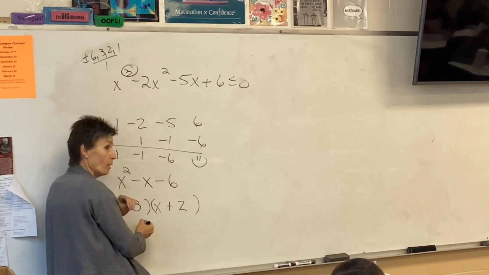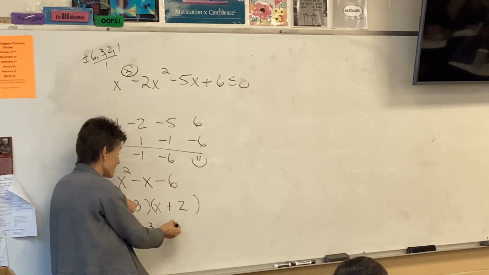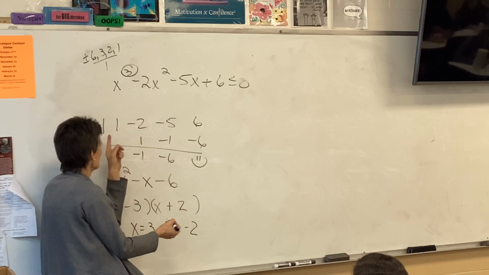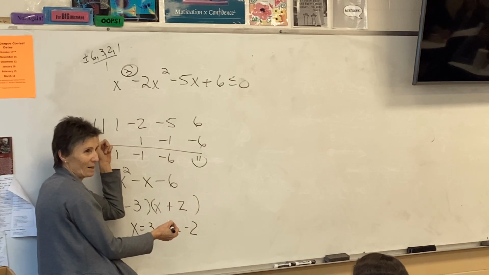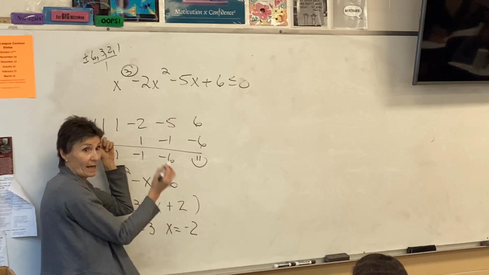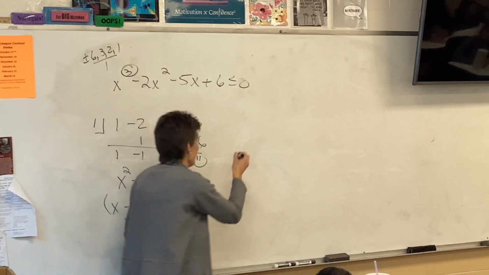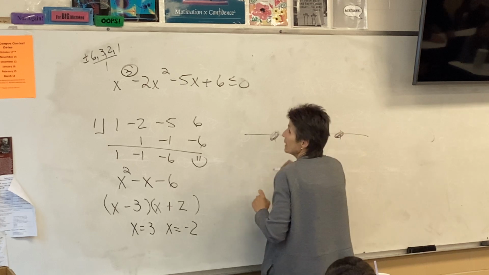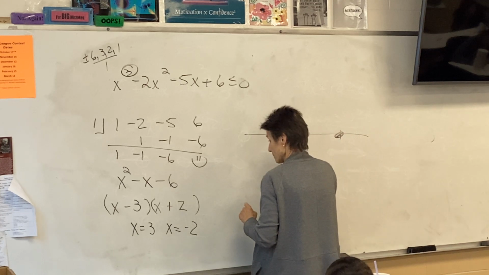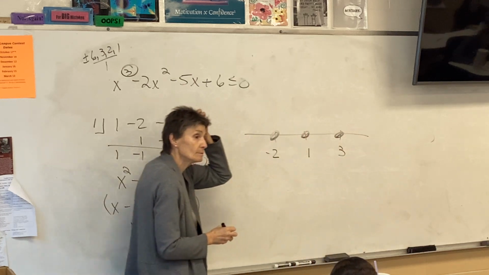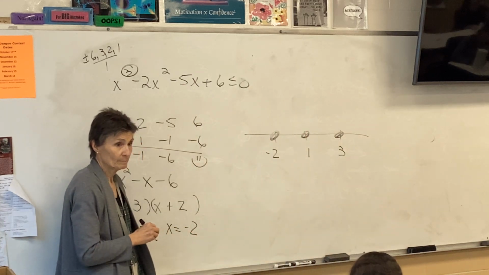One dot will be at 3 and one dot will be at -2. The other one's at 1. This is a dot, just like it was in the last part of the chapter. So on my number line, I'm going to have 3 dots. They're all closed, and they're at -2, 1, and 3. Make sure you got them in order. Is that okay?